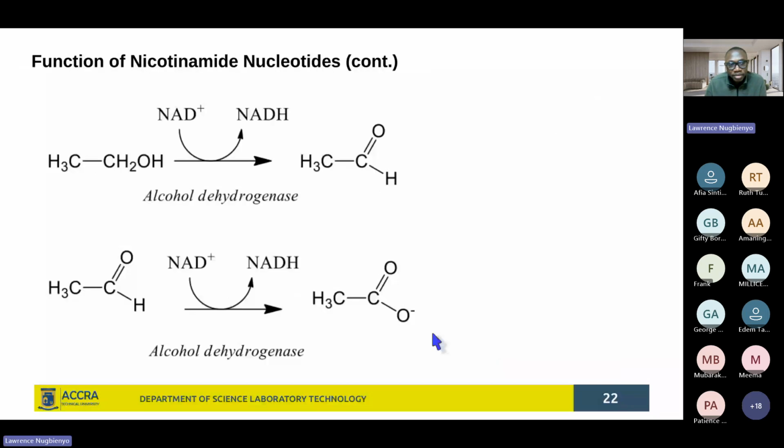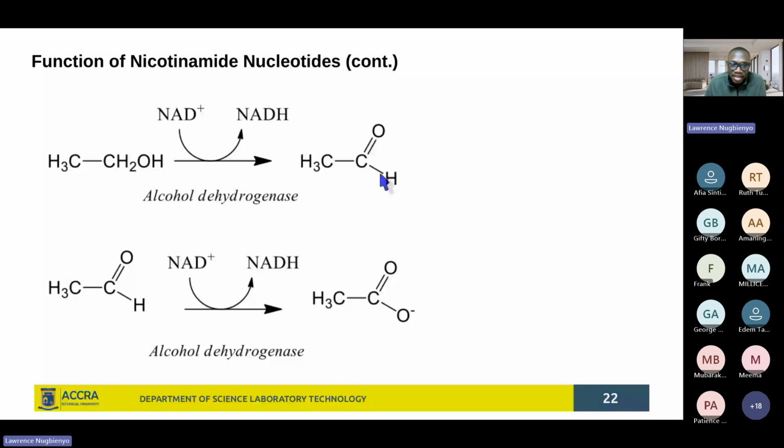This is an example of a reaction. This is pertaining to metabolism of alcohol, an oxidation reaction where you see ethanol. First ethanol is being acted upon by alcohol dehydrogenase to give you acetaldehyde.